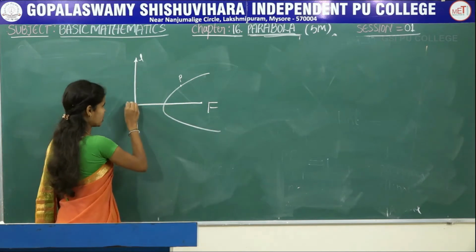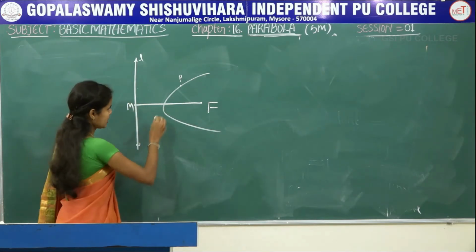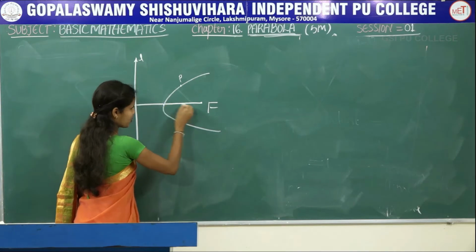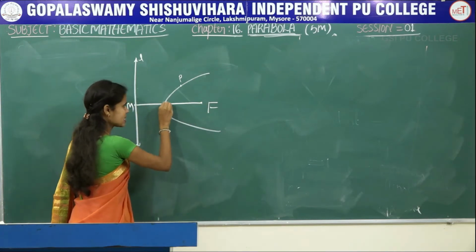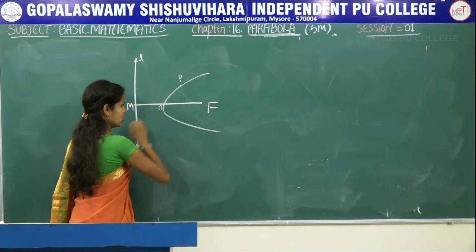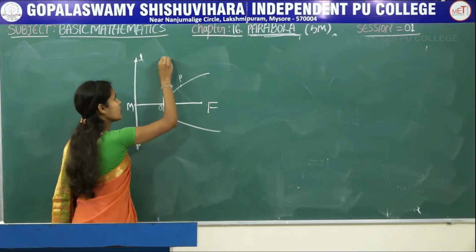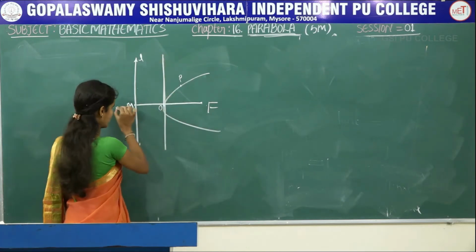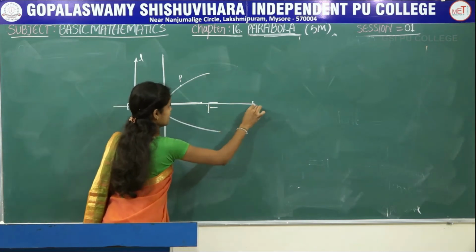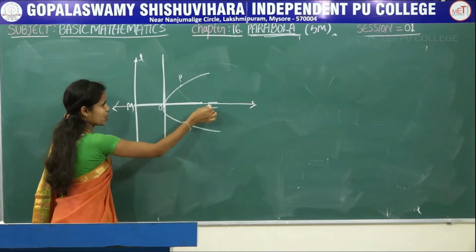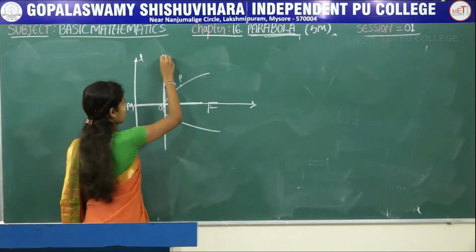Denote this point to be M. So clearly O is the midpoint of FM. By considering the midpoint O of FM as the origin, now introduce a coordinate system.